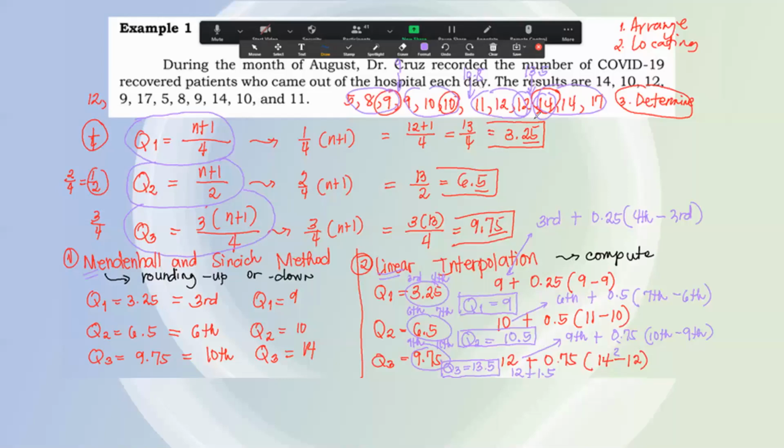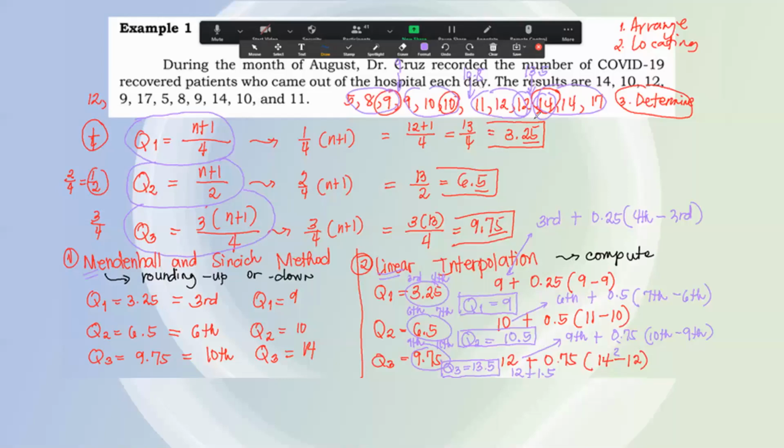Tingnan ko yung using, sabi niya, using linear interpolation naman pala. Very good. Puro using linear interpolation.